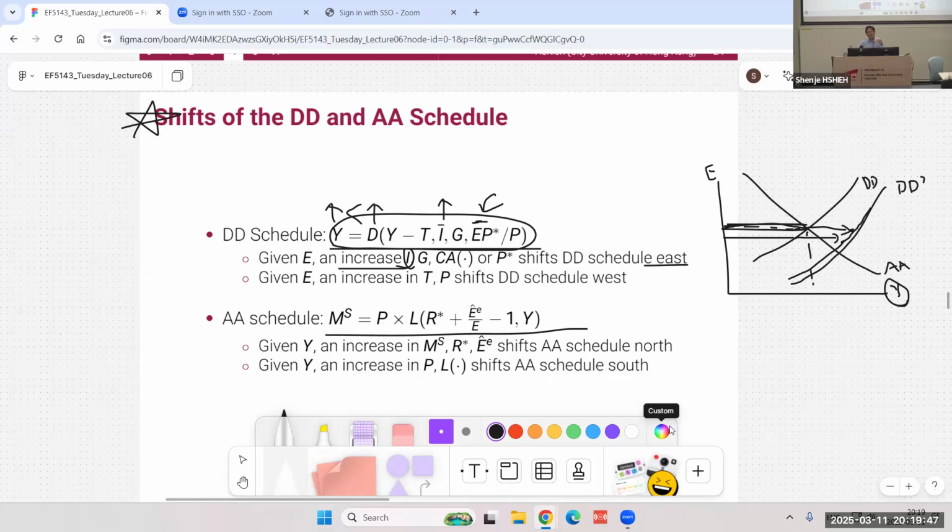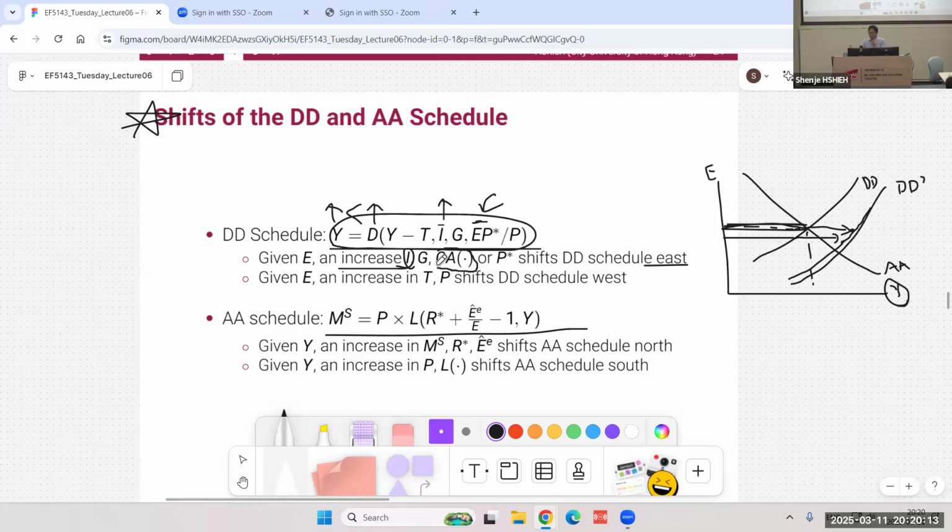All right, so I chose I for demonstration, but the logic goes through for any other parameter. Maybe instead of increasing investment, government spending increases. The same logic: government spending boosts aggregate demand, output supply will meet demand, and so every point on the original DD curve will shift east, right?